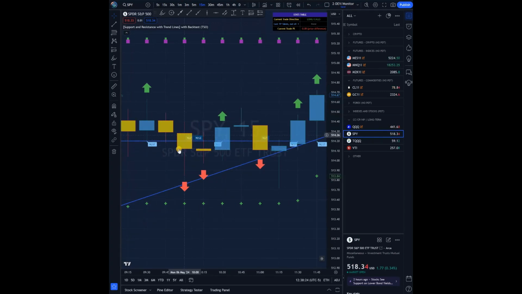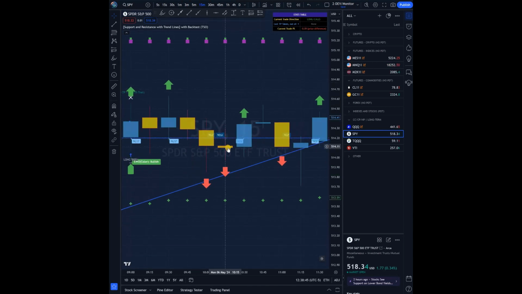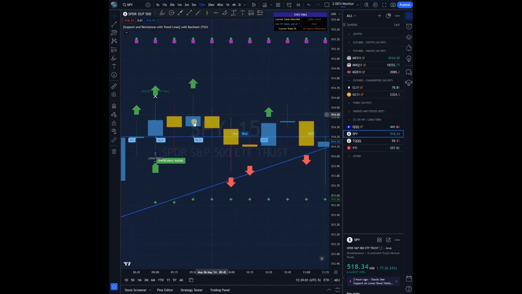For example, for this yellow bar, once it starts crossing down this level, you immediately see this red arrow, and if an alert is turned on, it's going to trigger immediately. It's not going to wait for the bar to close. Same way for this one, this is a bounce. It will first show breakout, but then it will show bounce down. That's why you get this warning that it may repaint, because it does repaint.